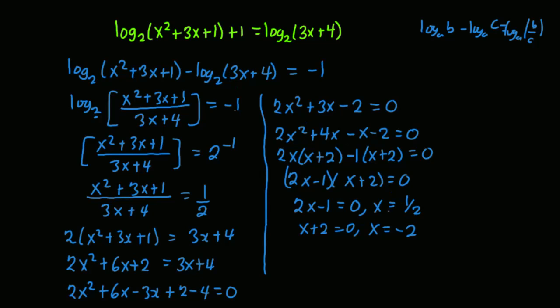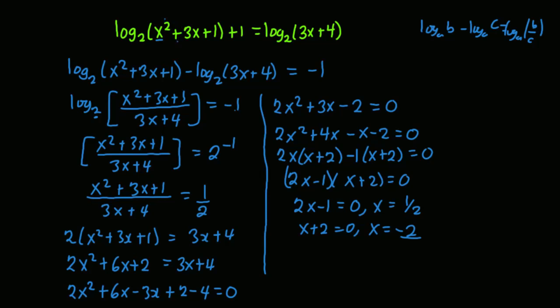Now, if x is equal to negative 2, let's see what we get. So if x is equal to negative 2, negative 2 squared will give us 4.